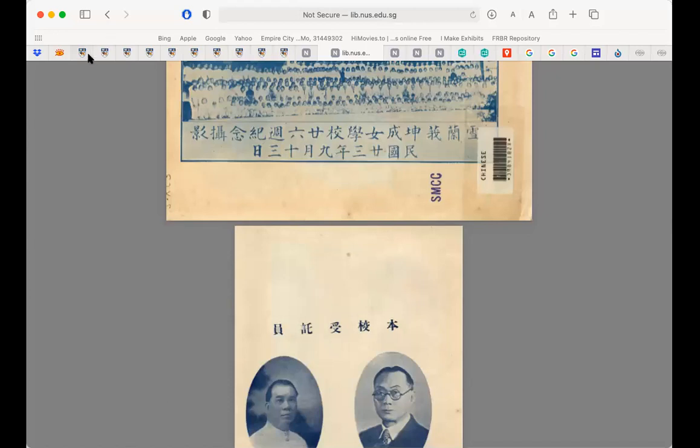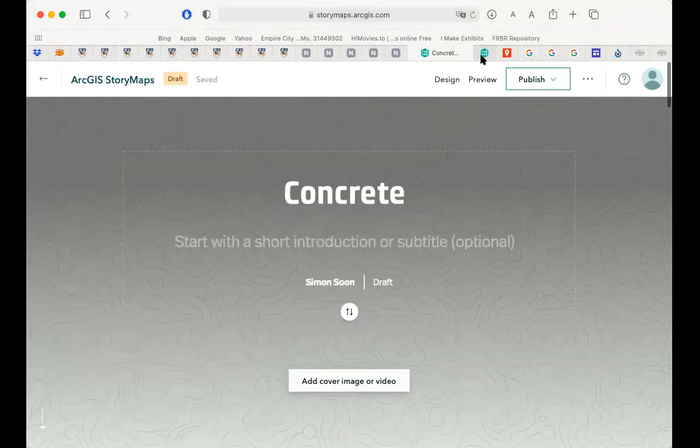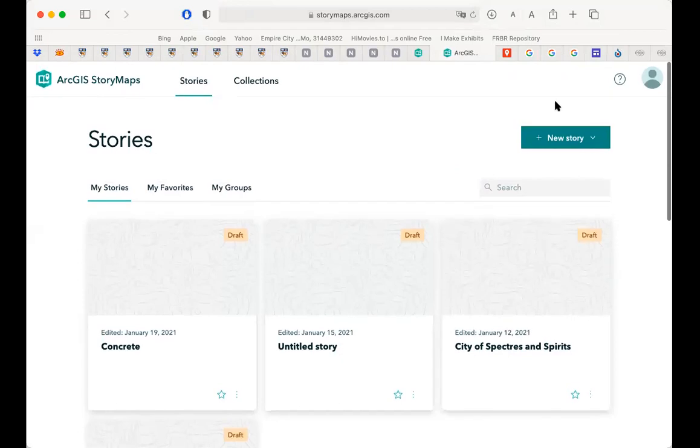Okay, so principally, I would like you to go to this website called ArcGIS Story Maps, and if you can, sign up for an account. It's not just ArcGIS, yeah? I want to specifically use ArcGIS Story Maps.